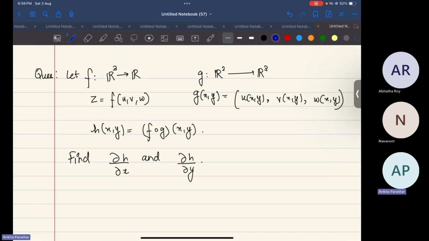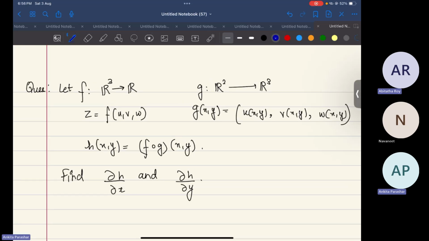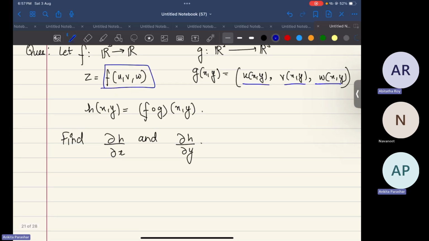Suppose this is certain generality. I think now you can tell me this. Suppose f is a function of three functions u, v, w. Each function u, v, w is further a function from R2 to R3. Now, can you tell me what is del f by del h?